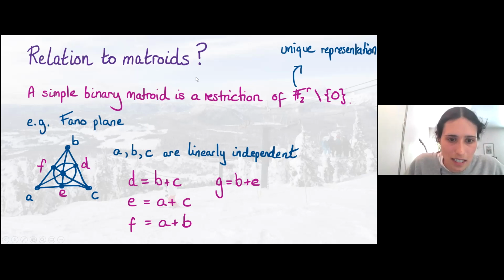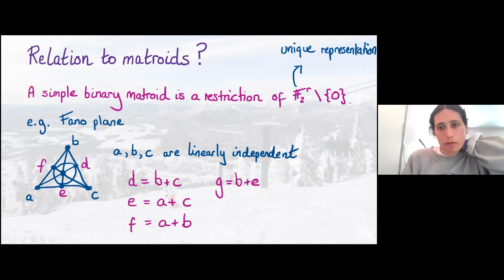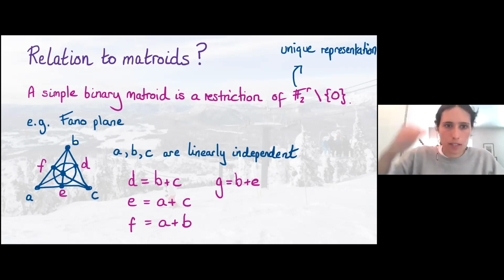D is equal to B plus C, E is equal to A plus C, F is equal to A plus B, and G is equal to B plus E. This is demonstrated by this picture here, where the lines represent the dependencies. So the Fano plane is the solution of a system of equations.